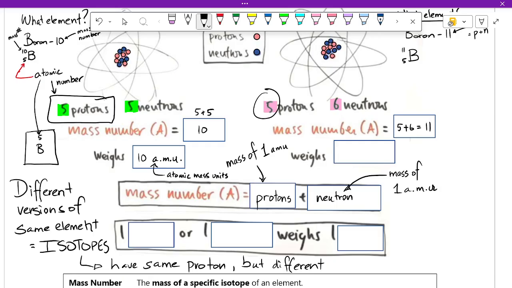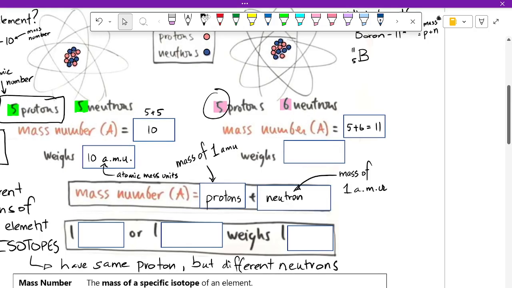What's different about our isotopes? Different neutrons. And if the neutrons are different, what else is different? Different mass number, yeah.